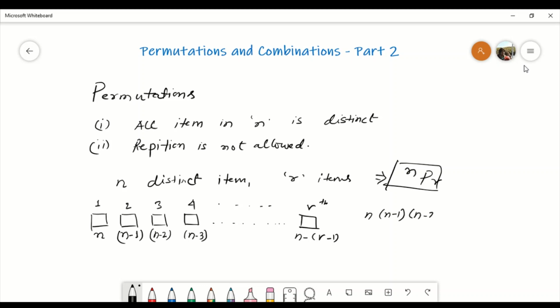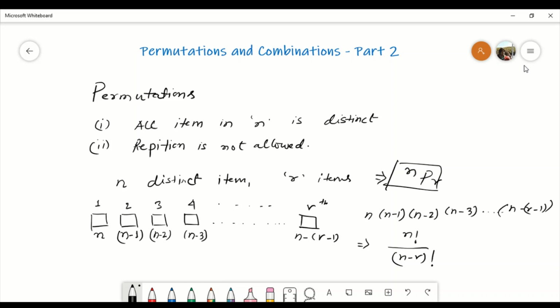So again, this is to do with the multiplication theorem, right? So this is n minus r minus 1. Now we know that this is nothing but n factorial by n minus r factorial, right?